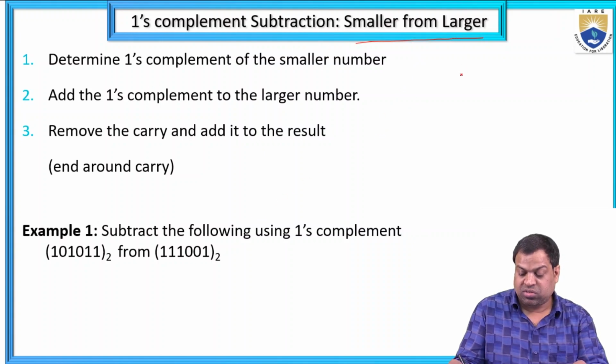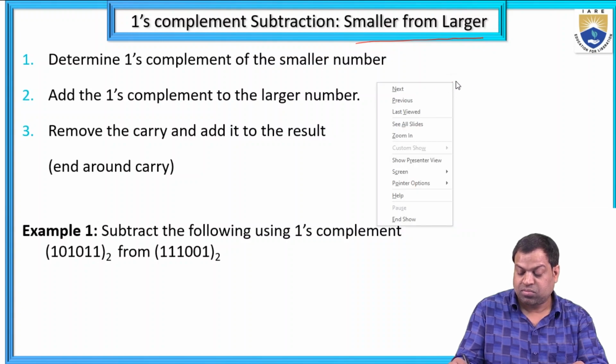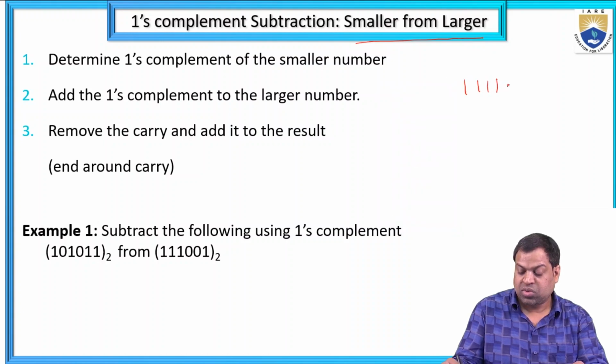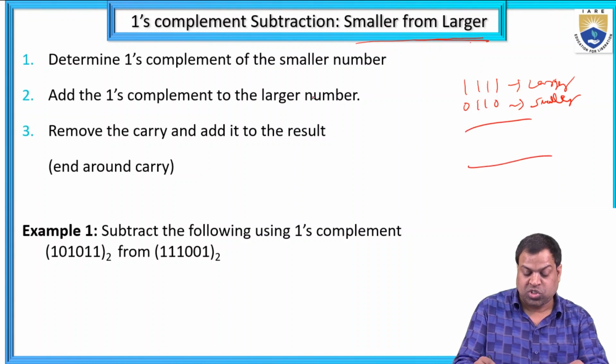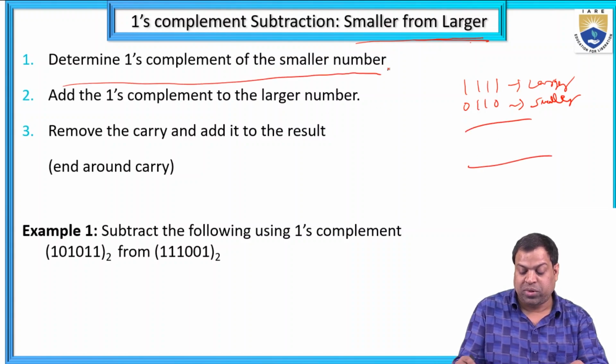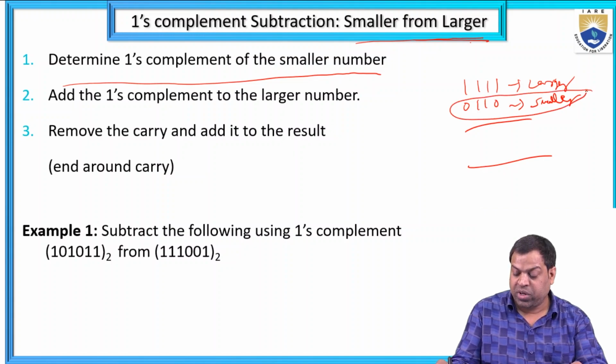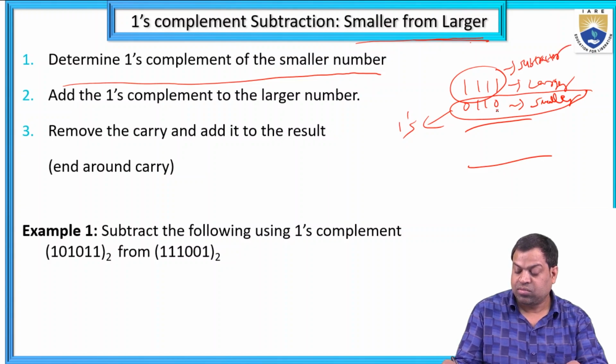So I am taking one example. Smaller from larger. Is it larger? Yes. Larger means 0 1 1 0. Is it smaller? Yes, smaller. So what is the rule? First step, determine ones complement of the smaller number. We are performing ones complement to the smaller number. That is called the subtrahend.